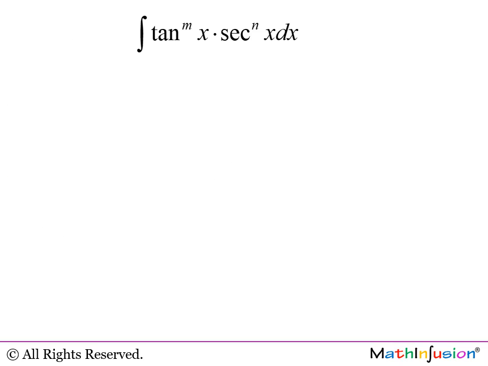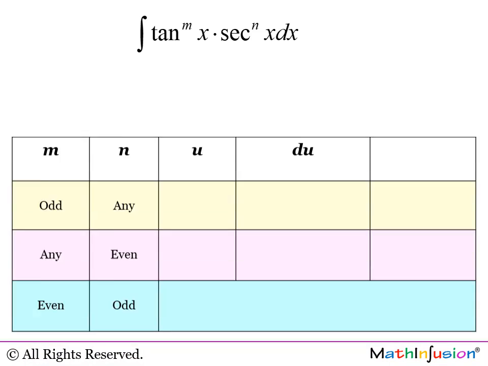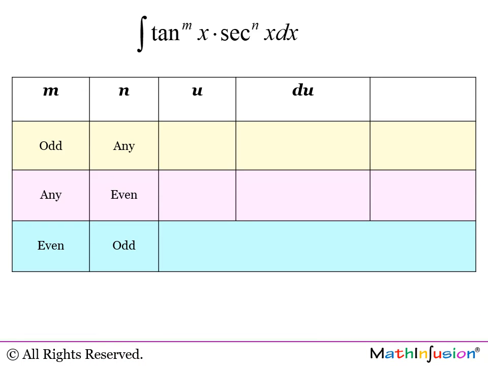Let's now do the same, but with a combination of the Pythagorean pair, which is tangent x and secant x. What happens when m is odd? If m is odd, I can take the du to be tangent x, but I cannot just have tangent x dx.